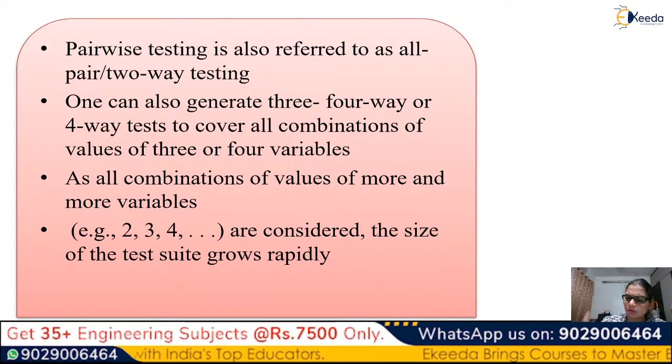Because you need to check your inputs and your outputs. So if you put 4 variables as input, say 2, 3, 4 considered, to transform into an output, the size of the test suite grows rapidly. That depends upon your input. Your test cases depend upon your inputs and your functions to give you an output. I won't say it's a proper or correct output, but you need to understand your test cases should take so many values.